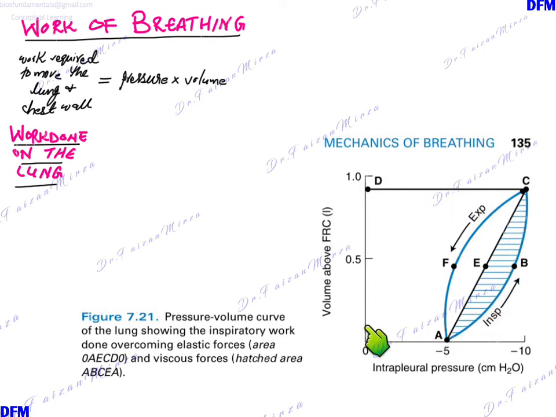The line from A to B to C represents inspiration, and the region A, F, C, E, and A shows expiration. The line AEC separates inspiration from expiration. If this is the origin of the graph and this point at the top is D, we can find various areas in this diagram.